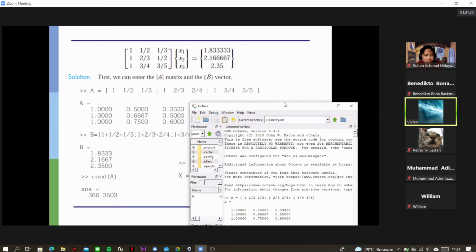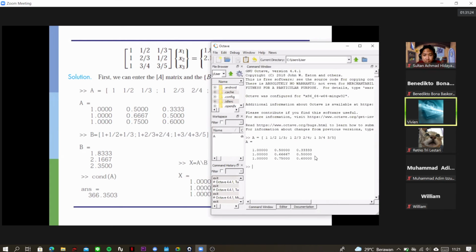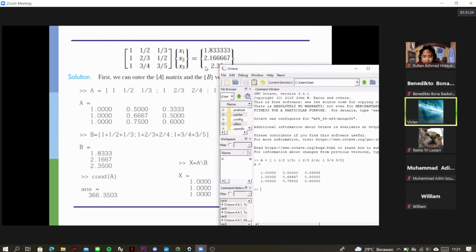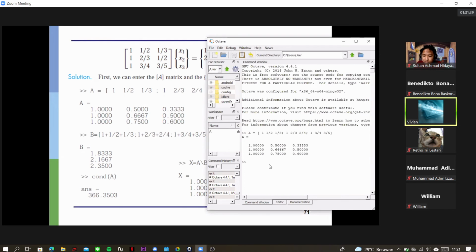So you can check whether the matrix shown here, which is saved in MATLAB or Octave, is already correct. Then we can continue to insert the values for the vector, which is the right hand side. So we will type down the vector B here, equals 1 plus half plus 1/3.